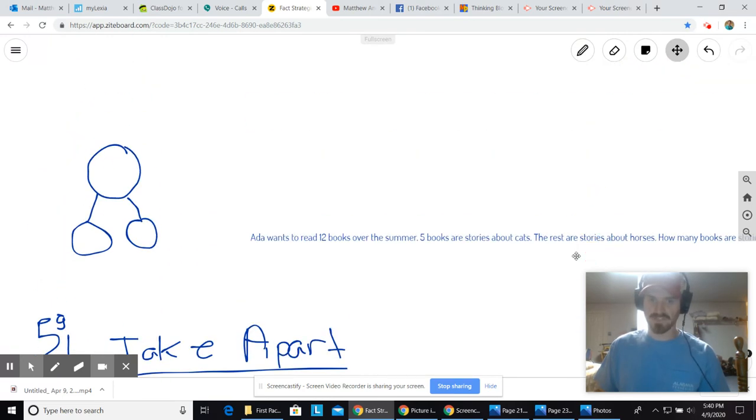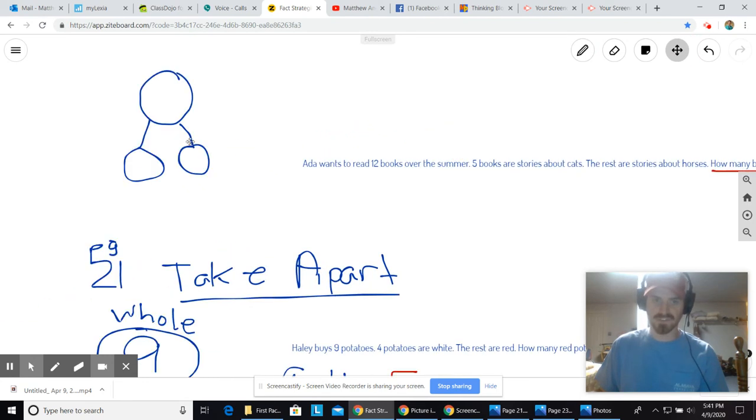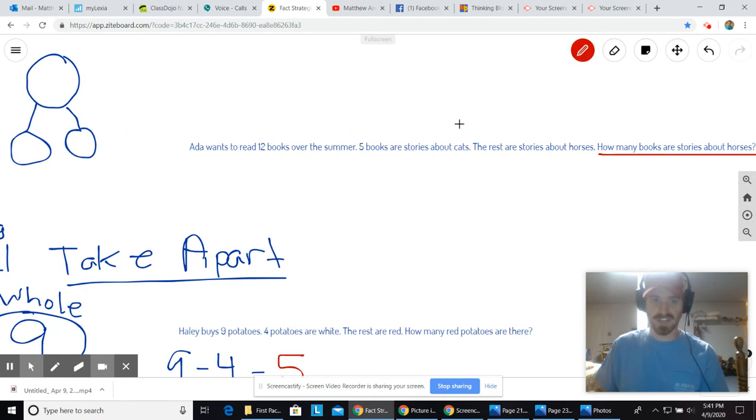Let's try this one. It says Ada wants to read 12 books over the summer. 5 books are stories about cats. The rest are stories about horses. How many books are stories about horses? Okay, so just thinking about part whole, it sounds to me like Ada wants to read some books. How many? 12.